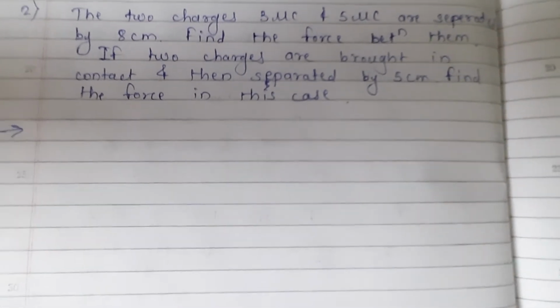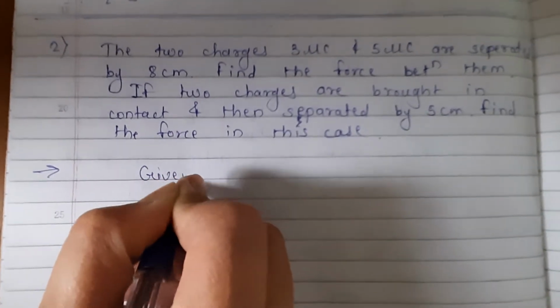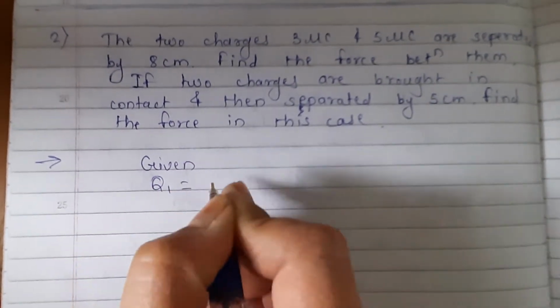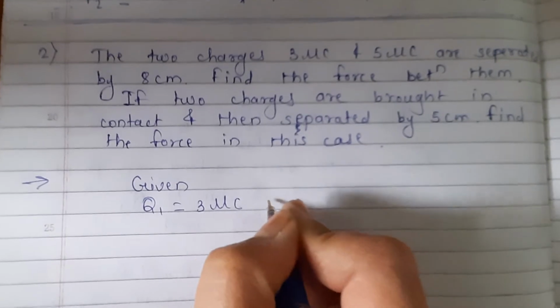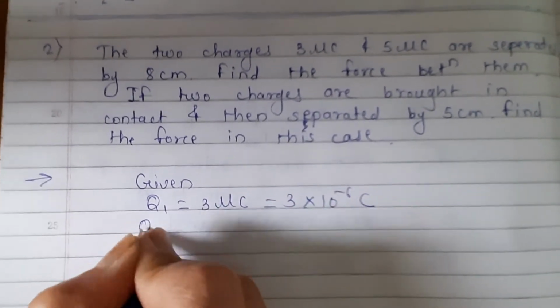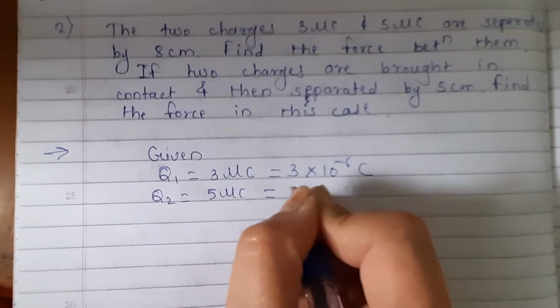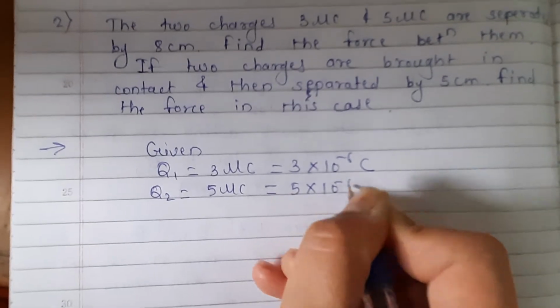So first write given: Q1 is 3 microcoulomb, it is nothing but 3 into 10 raised to minus 6 coulomb, and Q2 is 5 microcoulomb, so it is 5 into 10 raised to minus 6 coulomb.